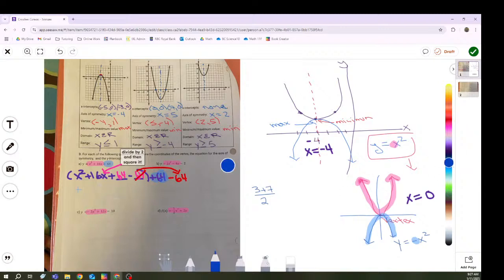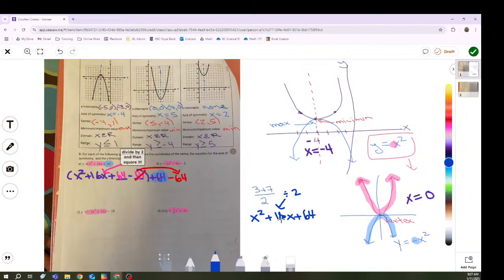So in order to factor, I'm going to write it over here for a second. X squared plus 16x. Do you remember factoring from grade 10 at all? Okay. I don't think I'm going to teach you the full factoring because you really don't need it to find vertex form. The simple solution for all of these is to take this number and just divide it by 2. Don't square it.